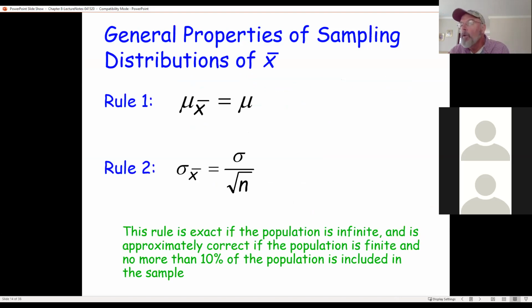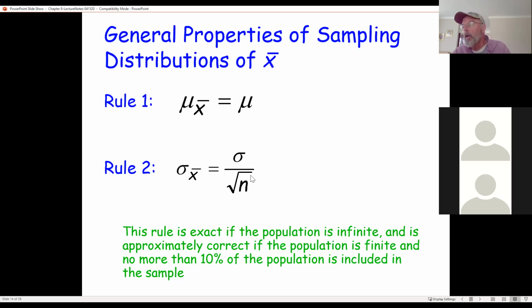Rule number 2: the standard deviation of the sample means is going to be equal to sigma, the population standard deviation, over the square root of the sample size.